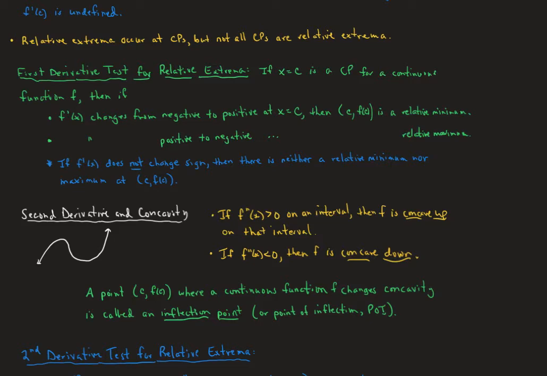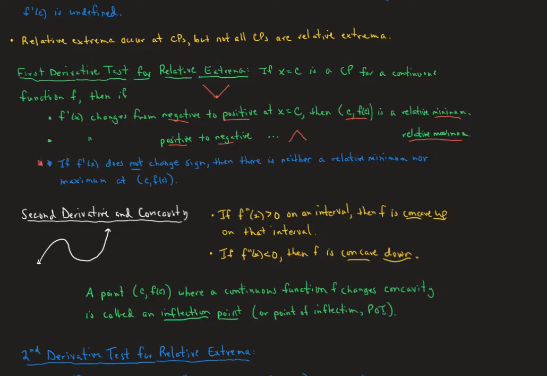So if x equals c is a critical point, that is, it's a place where the derivative is 0 or undefined, then if the derivative changes from negative to positive there, so the derivative goes from negative, that means the function was decreasing, to positive, that means the function was increasing, then that point c comma f of c is a relative minimum. If the derivative changes from positive to negative, that means it's going to go from increasing to decreasing, then we're going to have a relative maximum there.